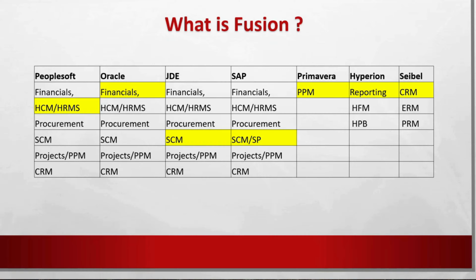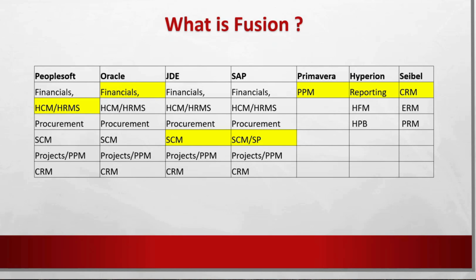Similarly, SAP was specialized in supply chain management modules. Although there were all other applications which it dealt with, their expertise or core was in supply chain management. Similarly, we had Primavera, which had expertise in PPM, that is project management.